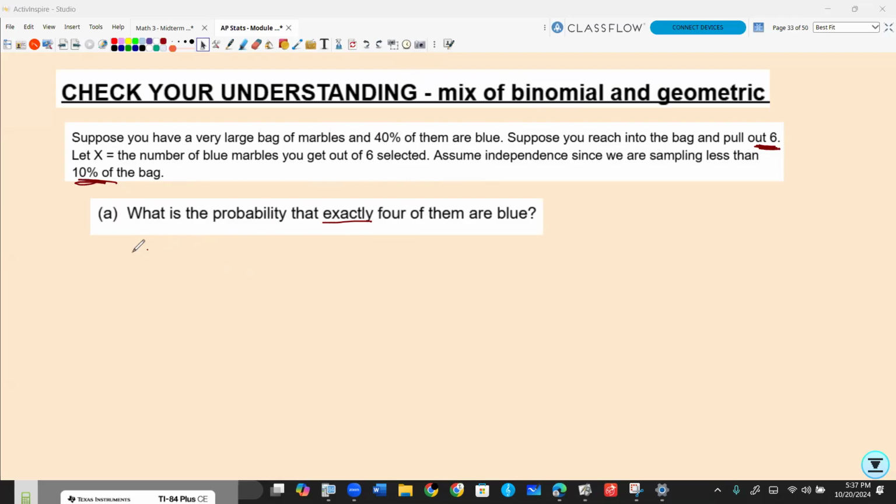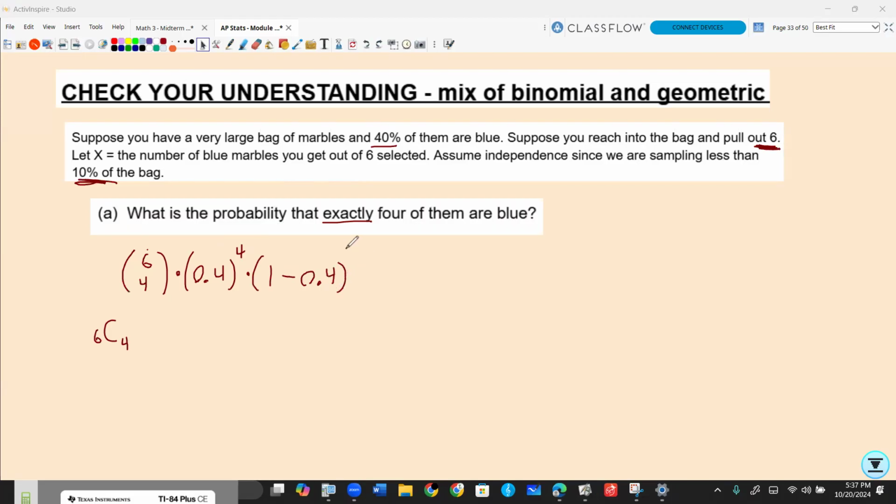So remember the formula, the setup is going to be you do 6 and you want to know choose 4. So that's going to be like nCr, it's a combination. And then we multiply it by how many of them are blue. So the probability of getting blue is going to be 40%. So 0.4 to the fourth power. And then the probability of not getting blue is going to be 1 minus 0.4. And there's going to be 2 left over.